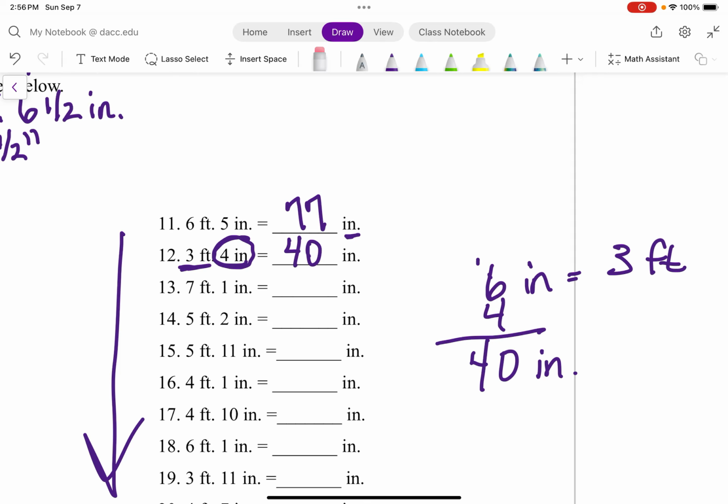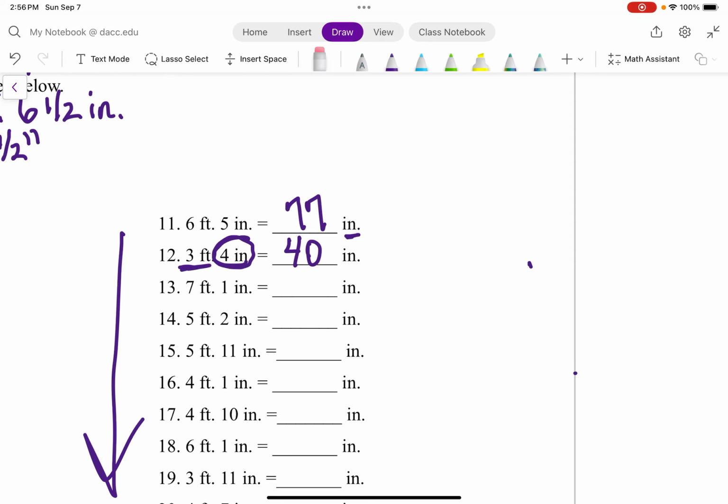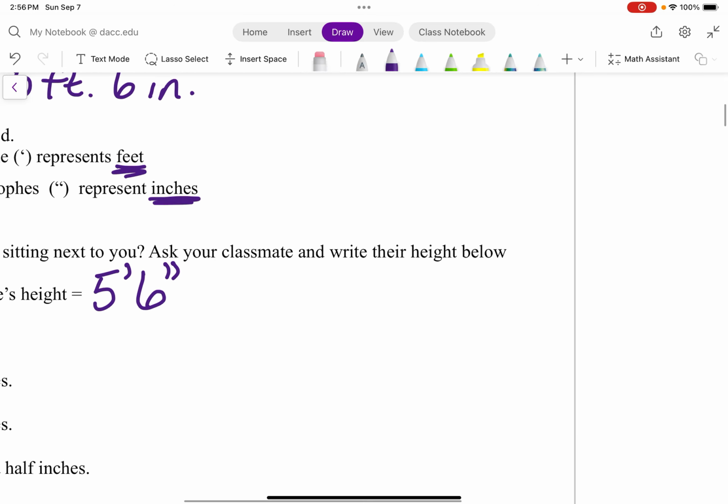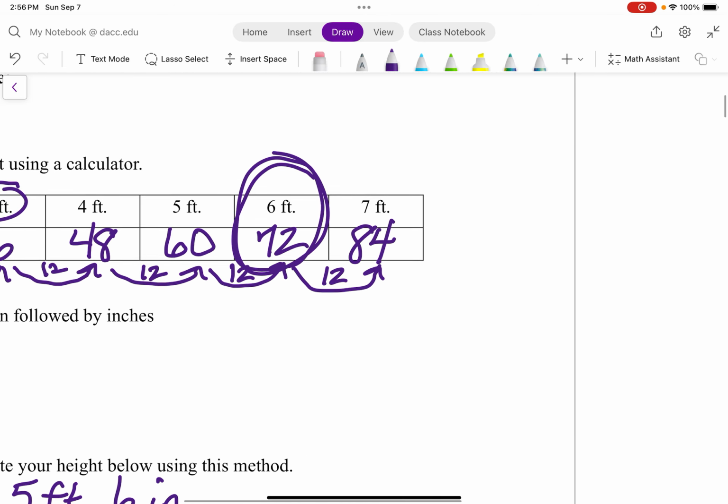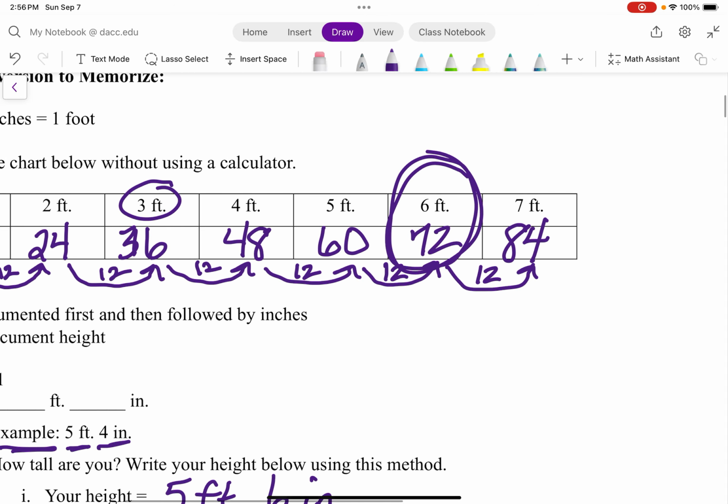Let's go back up and look at the chart, if you were to write the chart up there. 3 feet, 4 inches. So how much is 3 feet? Let's scroll back over here. And we see 3 feet is 36 inches.